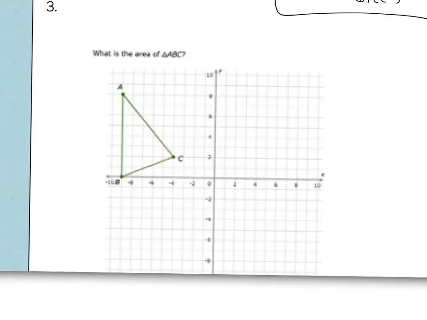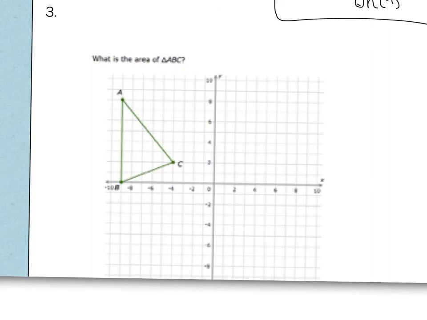Number 3 says, what is the area of triangle ABC? Now, triangle ABC, I know a lot of you just want to say, hey, I know what this length is from A to B. And you probably do know what that length is. This number, if you can't read it, is an 8. So it starts at 0, goes to 8. You're right, that dimension is 8.